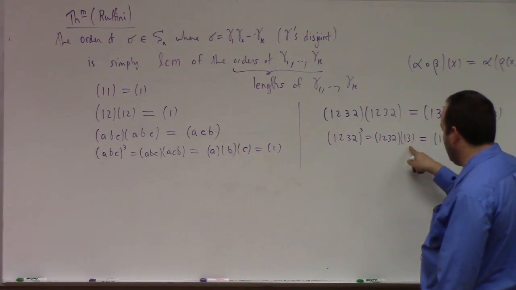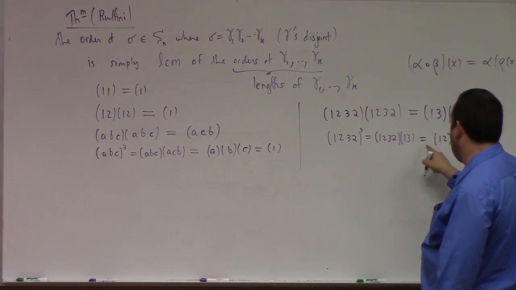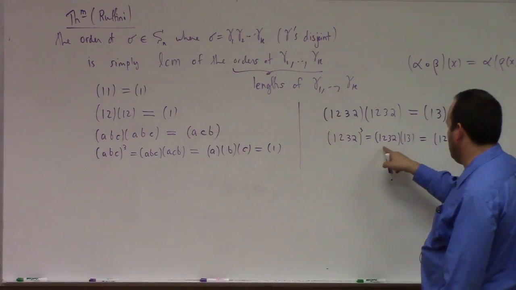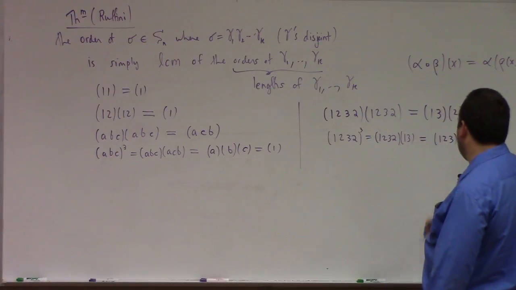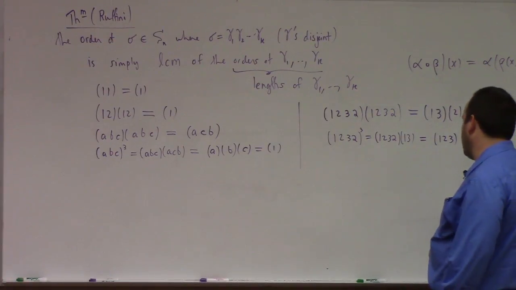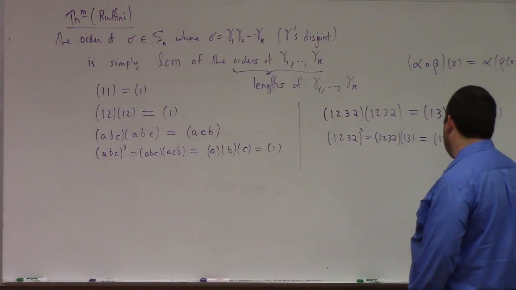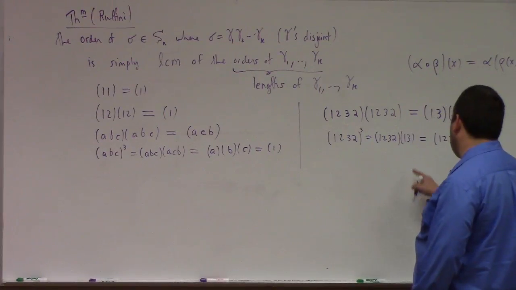1 goes to 3. 3 goes to 2. Then 2 goes to 3. Oh, I see. Oh, that's it. And then 3 goes to 1, which goes to 2. Yeah. So it shouldn't be (1 2 3 2). 3 goes to 1.